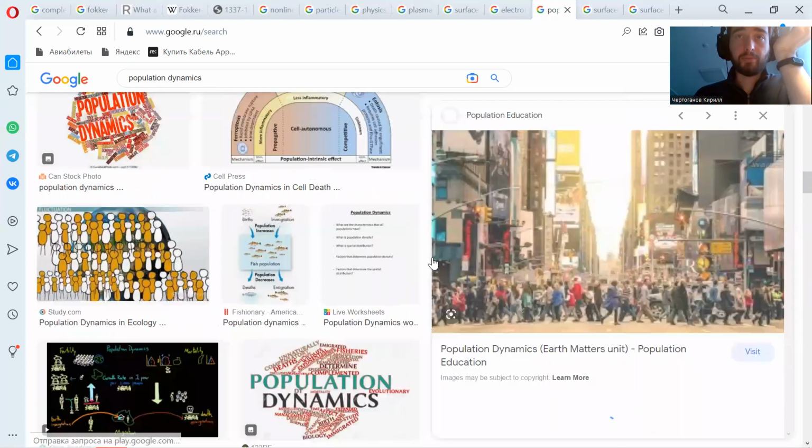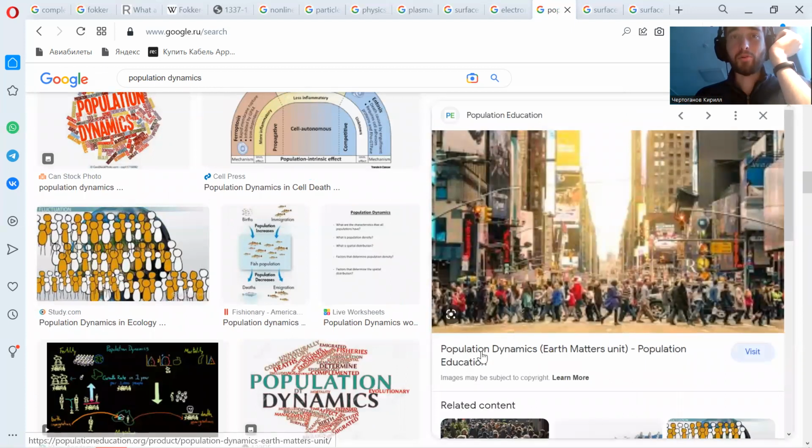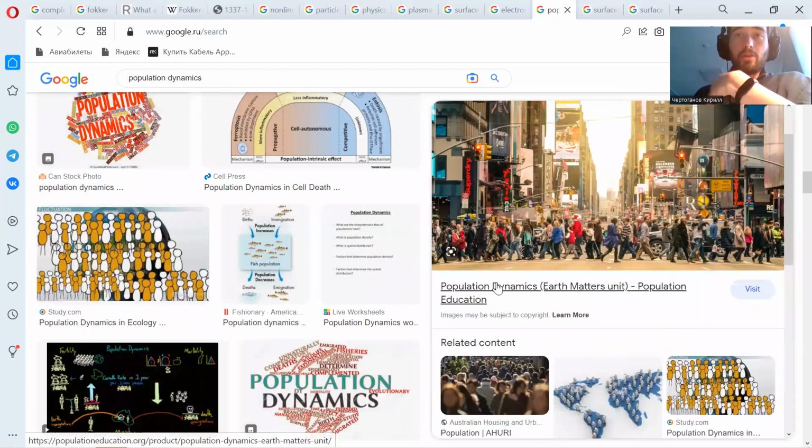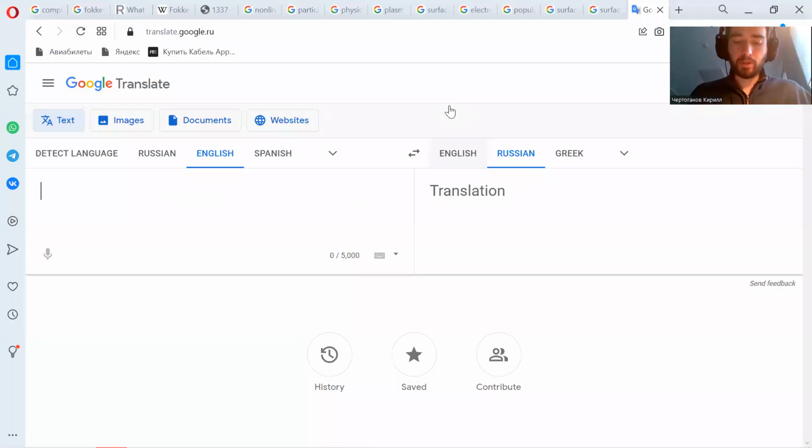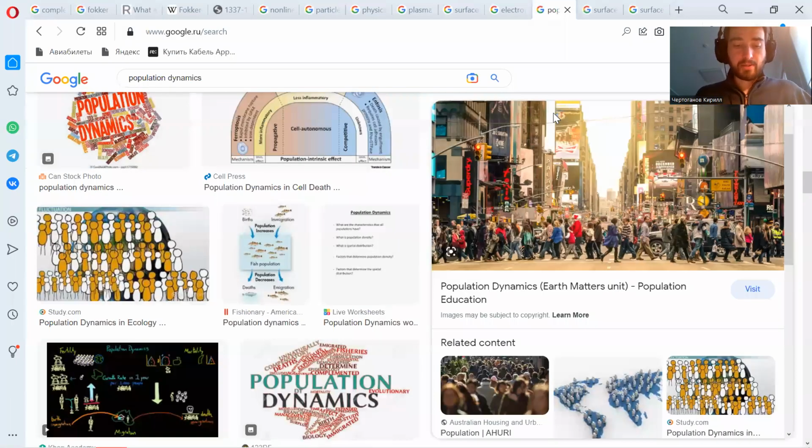Also for people's population growth. So maybe we can use these equations to be, in a sense, more precise.